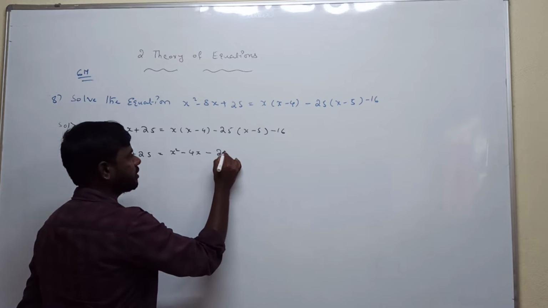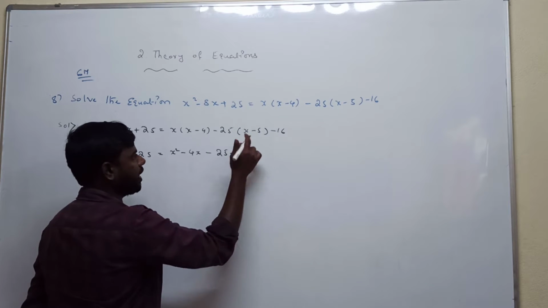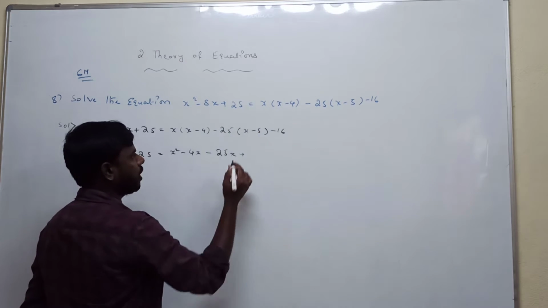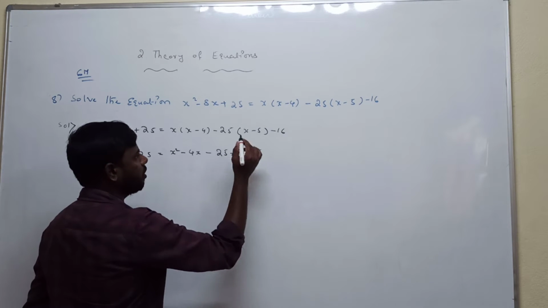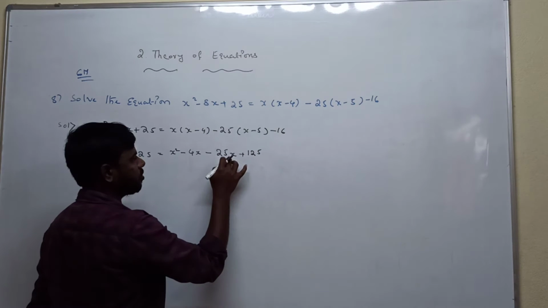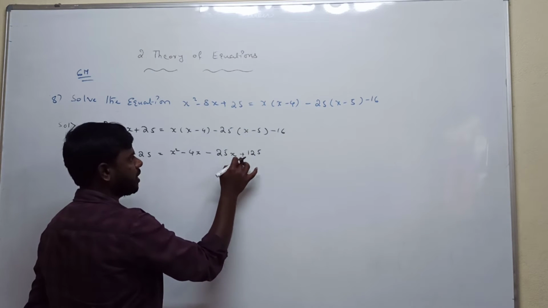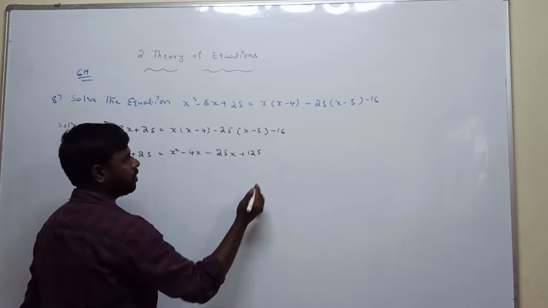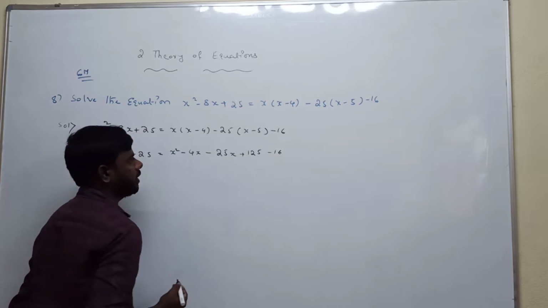Next, minus into minus is plus, 25 into 5 is 125. Then minus 16 as it is.